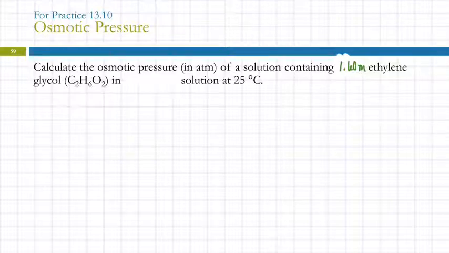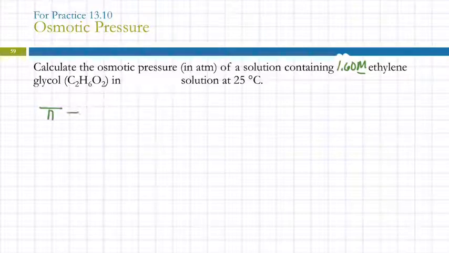There, they gave us the molality. Oh wait, we don't want molality, we want molarity. Okay. 1.60 molar. I'm the teacher, I can make the question be anything I want, right?